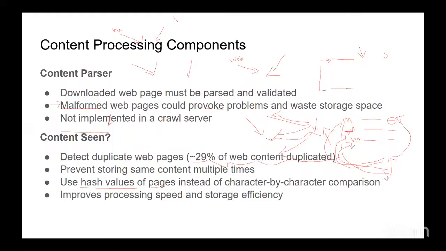Really bad time complexity, and the processing time is really slow. So instead of this, you compared the hash value of this article, and then you checked if that hash value is already present in the hash table. If it is present, then you know for sure that this is a duplicate content, and this can be done in constant time, right?